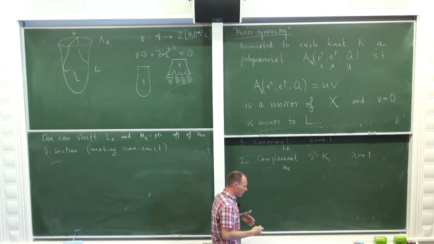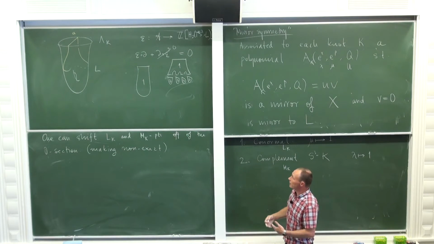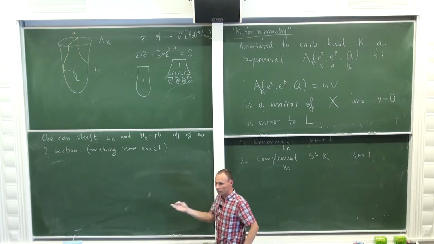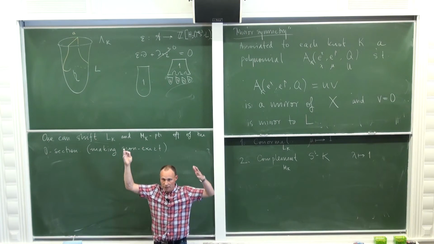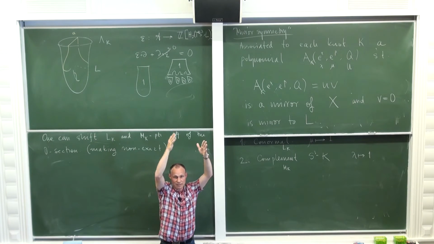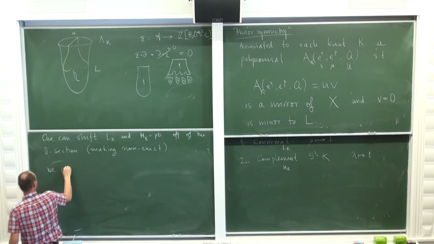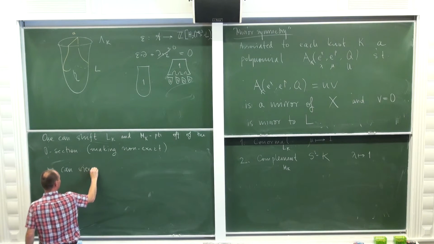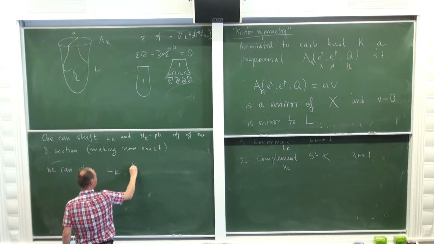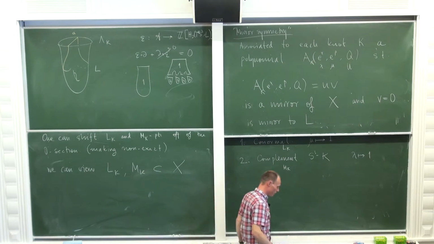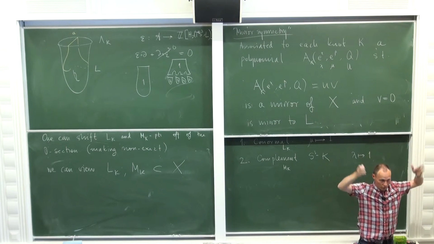But that means that now we can shift them off, and then when they're off, we can perform the conifold transition. So we have the Lagrangians bounding the knot at infinity inside X. So we can do LK, MK as Lagrangian manifolds of X, and they have the right asymptotes.